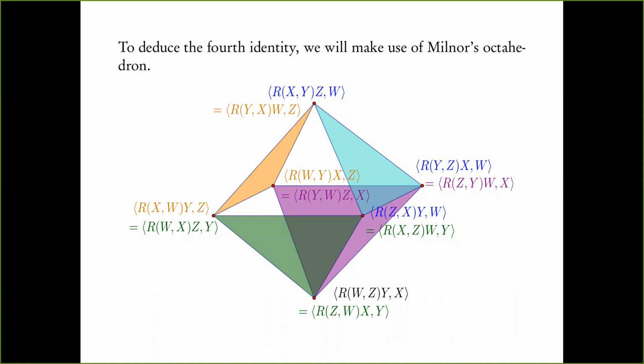See, the inner product is bilinear. So if I add them up, what I should get is something which is a sum of 3 terms dotted with W, correct? But what is that sum of 3 terms? It's R(X,Y)Z plus R(Y,Z)X plus R(Z,X)Y. But that is 0 because that is precisely the first Bianchi identity, right?